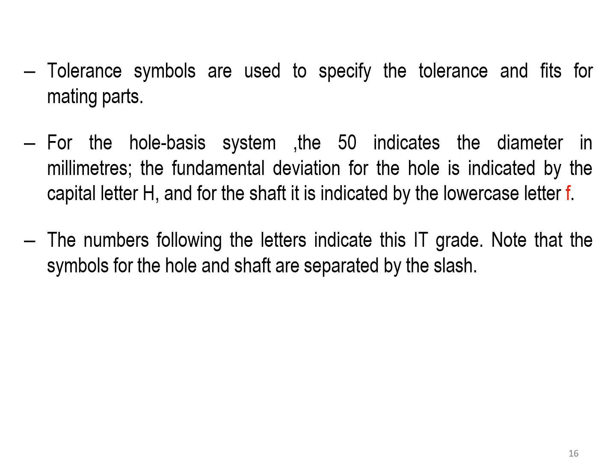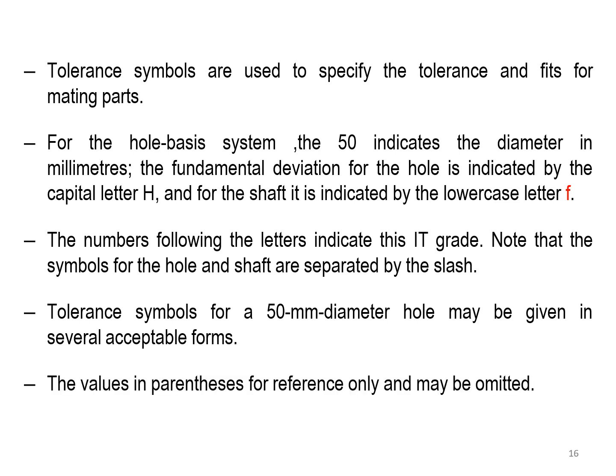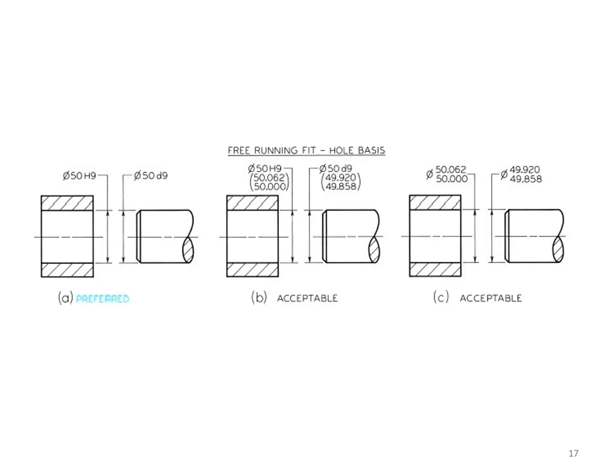The numbers following the letters indicate the IT grade. Note that the symbols for the hole and the shaft are separated by a slash. The tolerance symbols for the 50 mm diameter hole may be given in several acceptable forms. The values in the parentheses are for reference only and may be omitted.